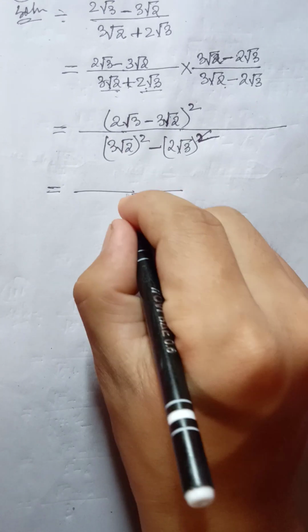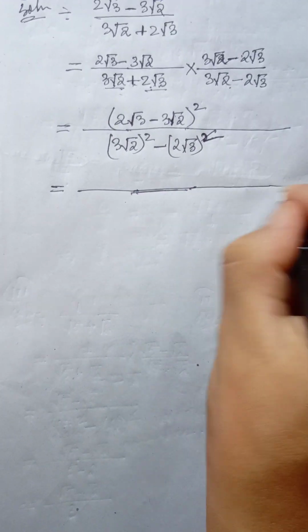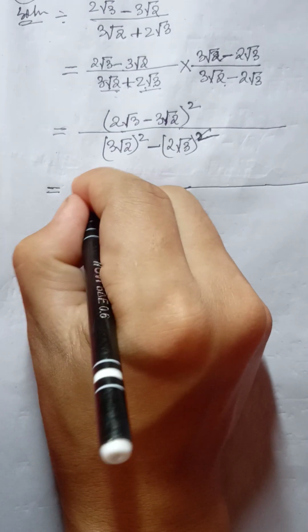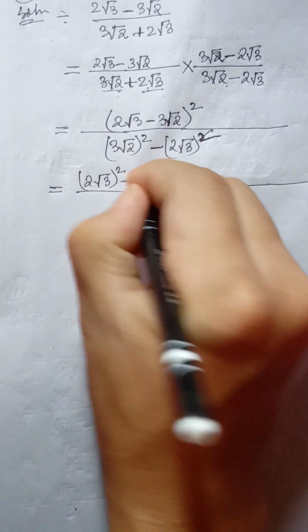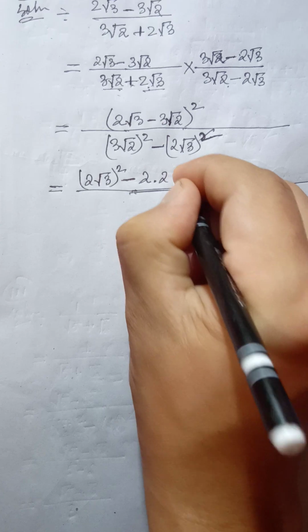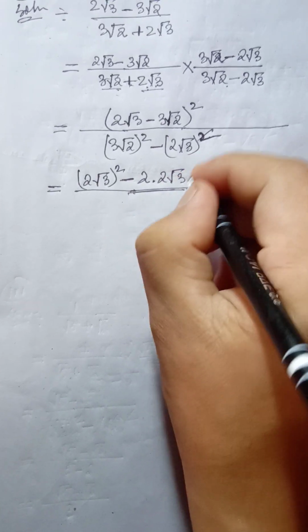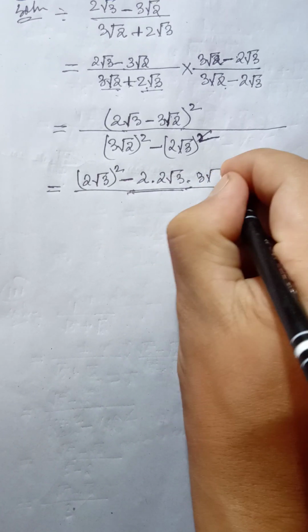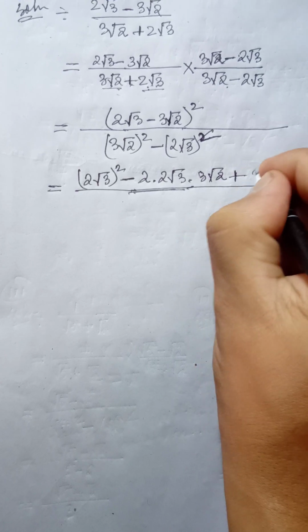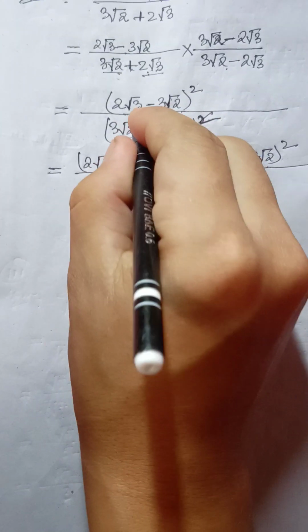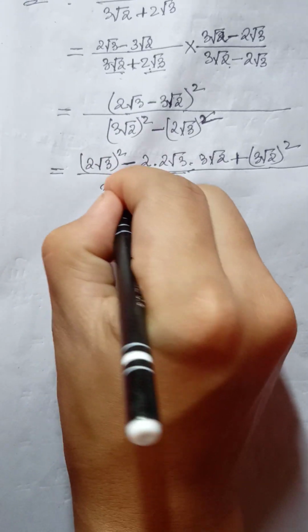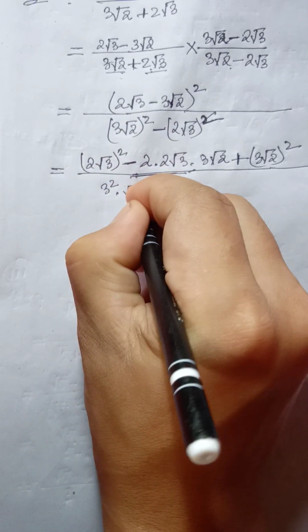Okay, so let us use the formula of a minus b whole square. What is the formula of a minus b whole square? That is a square minus twice ab, that is 2 root 3 into 3 root 2. Okay, plus 3 root 2 whole square. Okay, here let us use a square, so this will be 3 square and root 2 square.